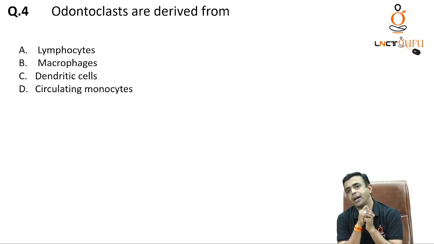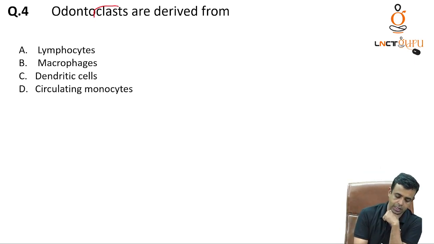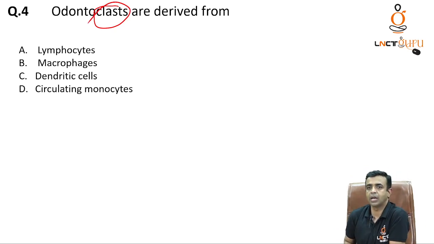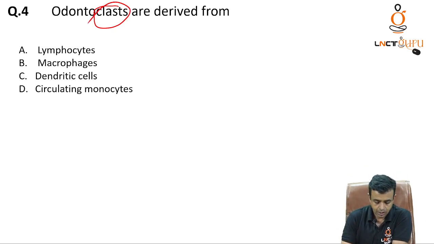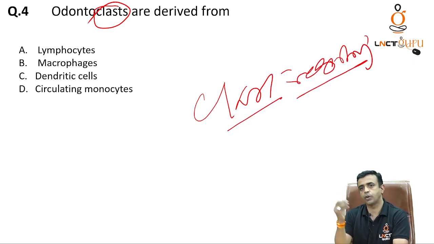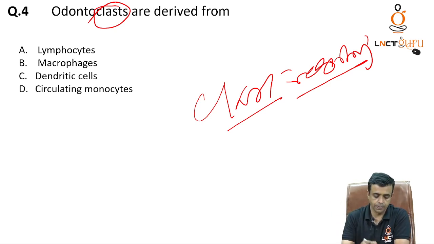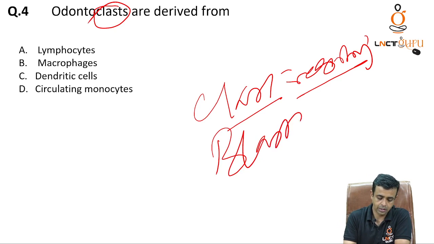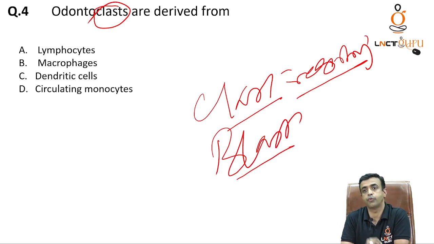Odontoclast are derived from. First of all, this clast word you have to keep in the mind. What is clast? Clast are resorbing cells. Any cell which resorbs something is suffixed by clast. Blast is a suffix used for forming cells. Blast बनाते हैं और clast resolve करते हैं.